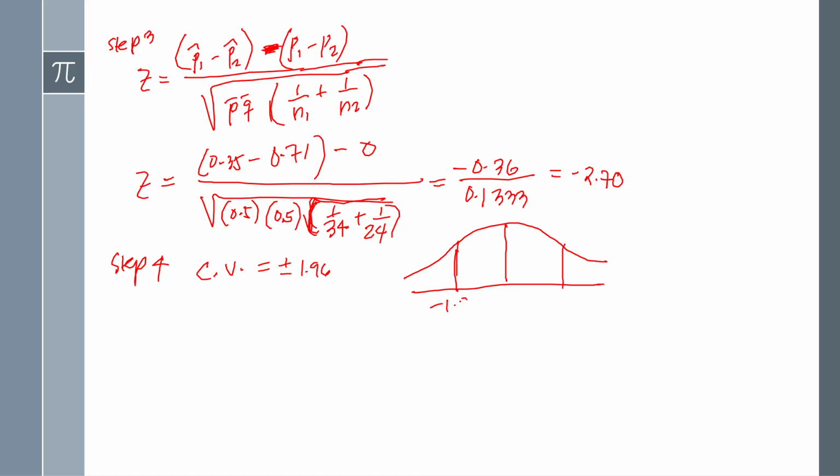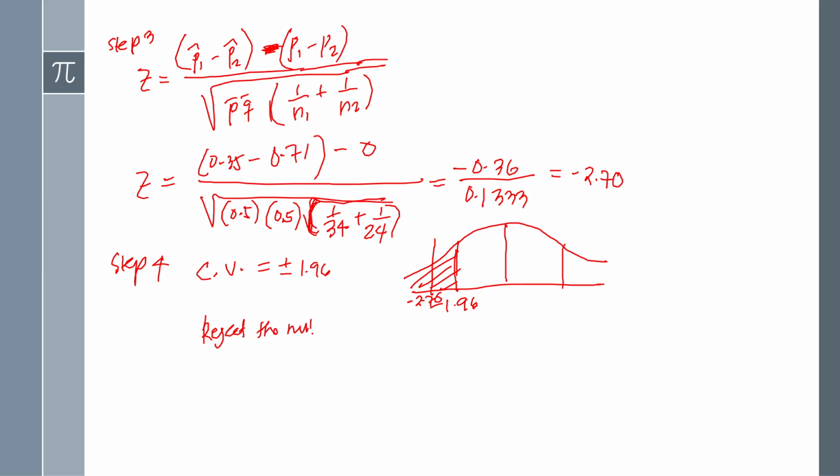If this is negative 1.96, and our z value is negative 2.70, this is in the critical region. So there is a rejection region, so therefore we have to reject the null hypothesis.